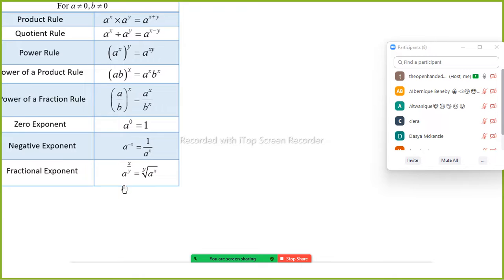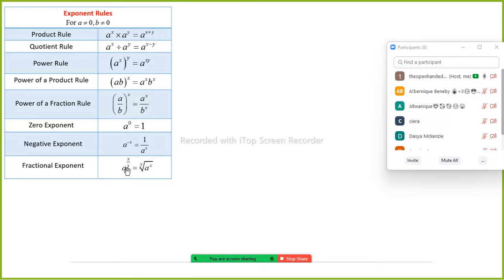And this one we learned yesterday, the fractional exponent, which says that I can take a term with a fractional exponent and convert it to a term that has a radical, an index, and a power. All right, and so that's our rules, the 8 rules.